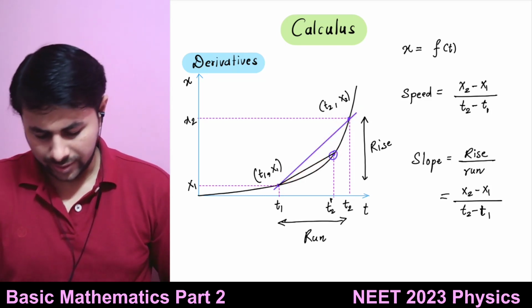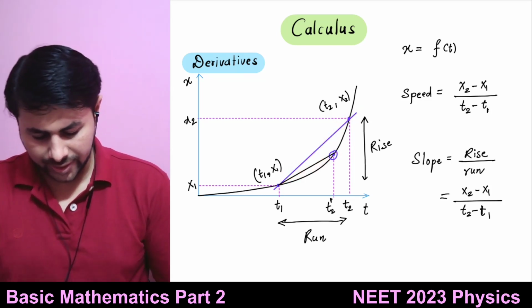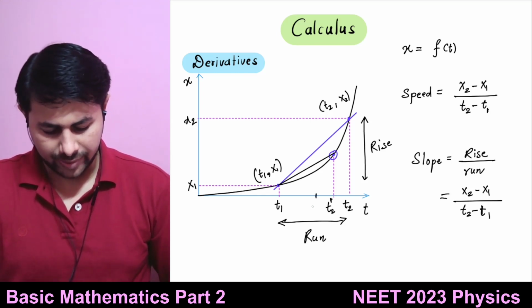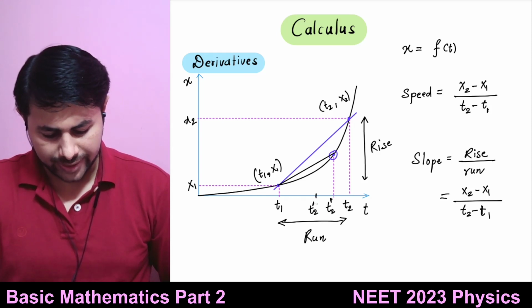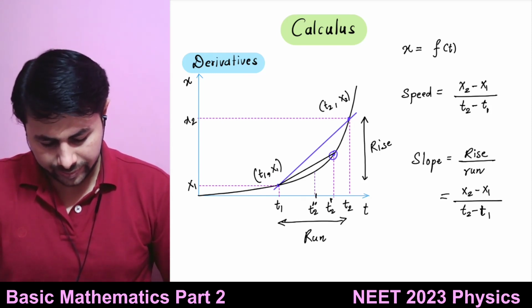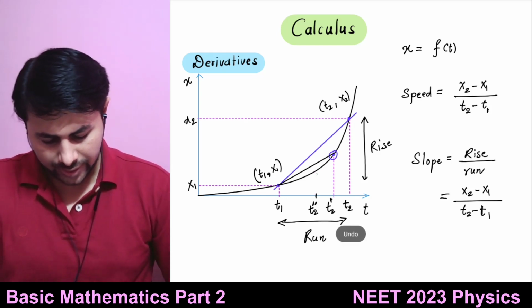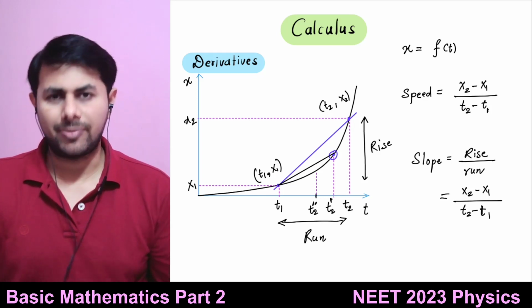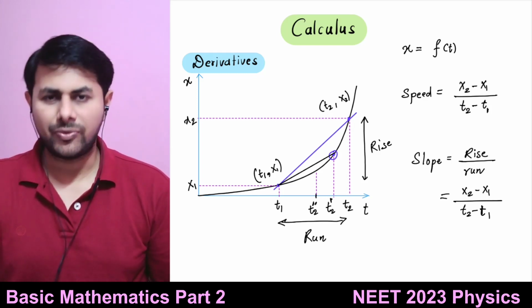Now if I take another time, let me call this t2 double dash or double prime, and now I want the speed between t1 and t2 double prime. So what will be that?